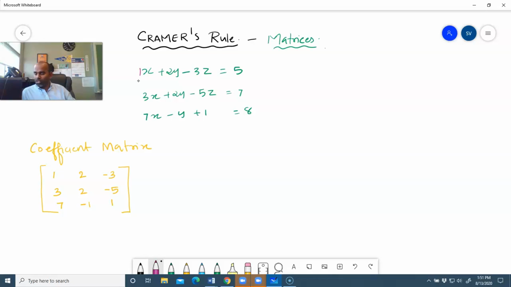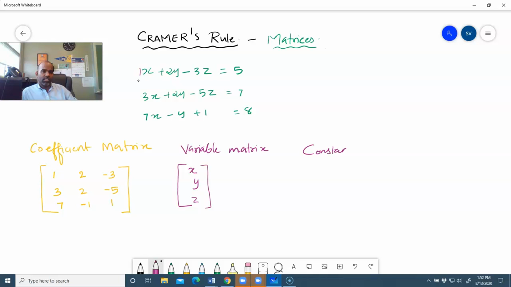And then you need to write the variable matrix. The variable matrix will be a column matrix. The matrix consists of all the variables in the system. And we will have another matrix, that is the constant matrix.